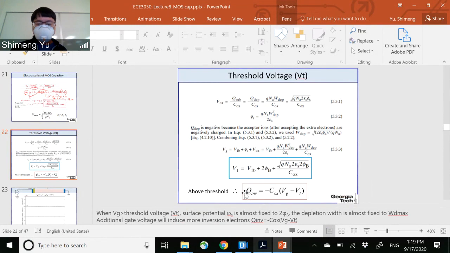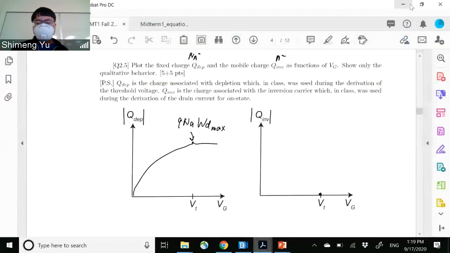So it's a first order function, the inversion charge and gate voltage, but it's offset by the Vt. In other words, if you draw this function, it should be a straight line like this. This Q inversion is like COX times Vg minus Vt. So only when the Vg is above the Vt, then you will have the inversion charge.